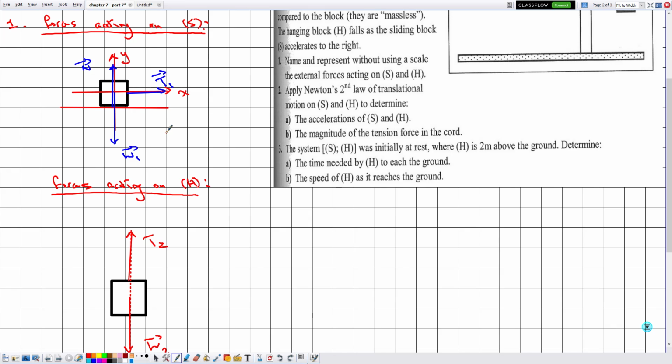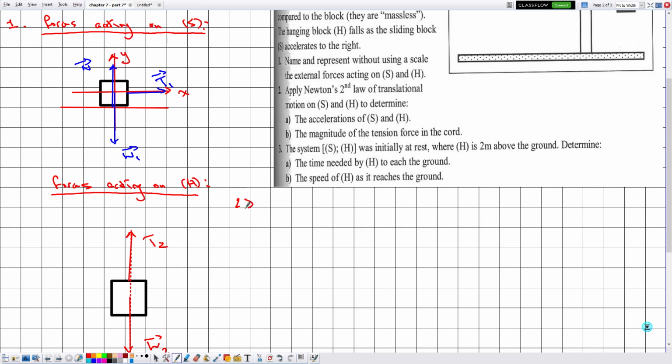But from these 4 equations we will make use of only 2, because we have chosen the system and eliminate 2 from these 4. Now we need to apply sum of forces separately for S and for H, and we equate the tension because the string is inextensible. Then we will determine the value of the acceleration.